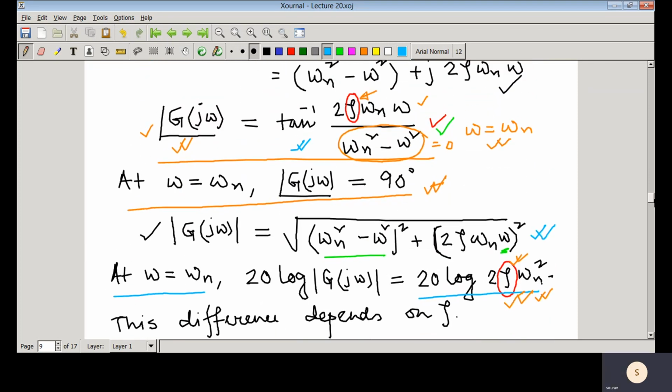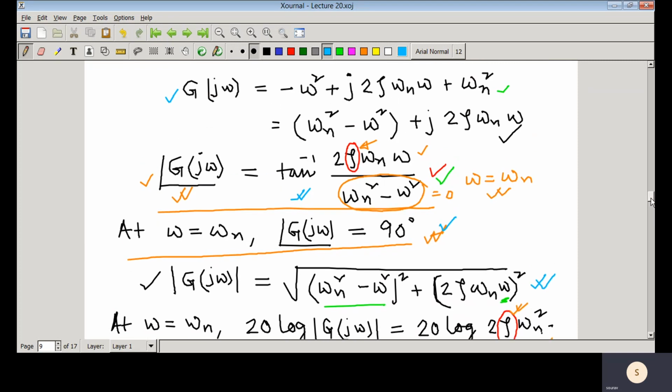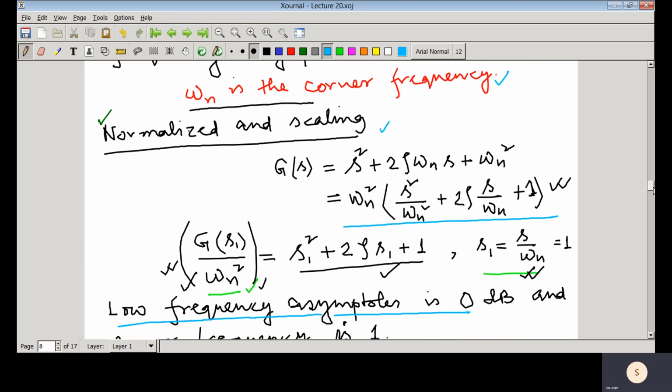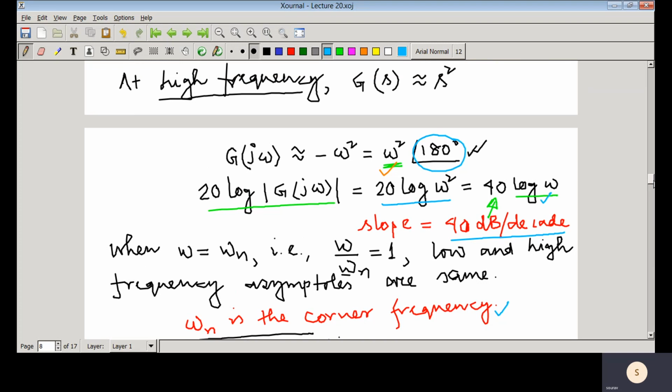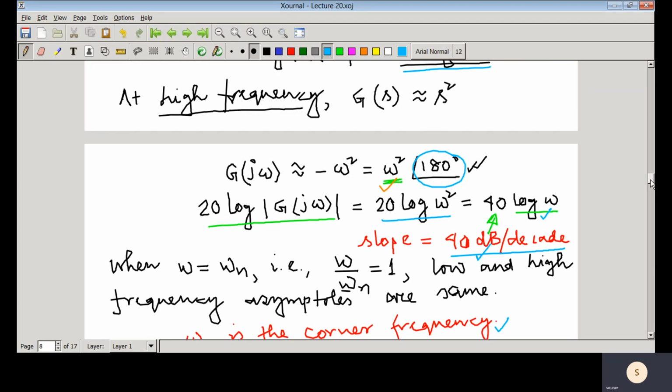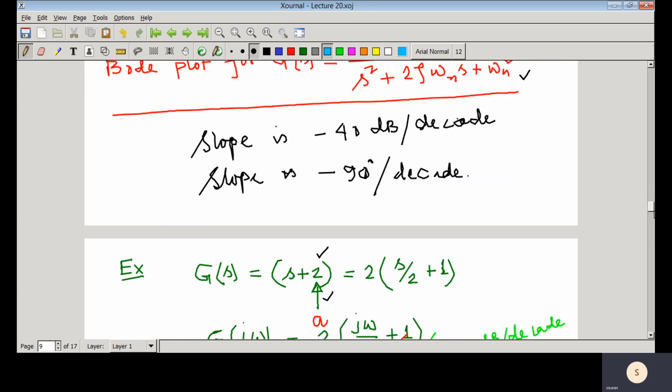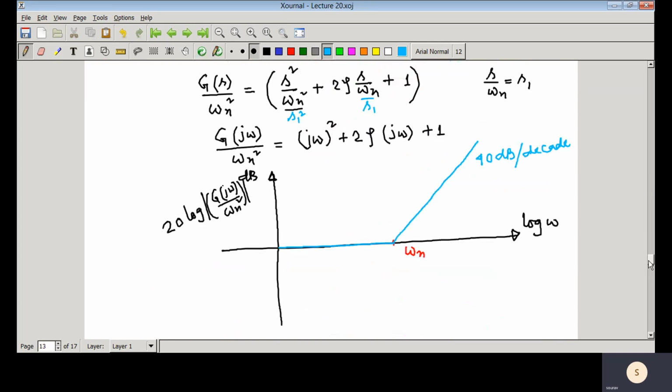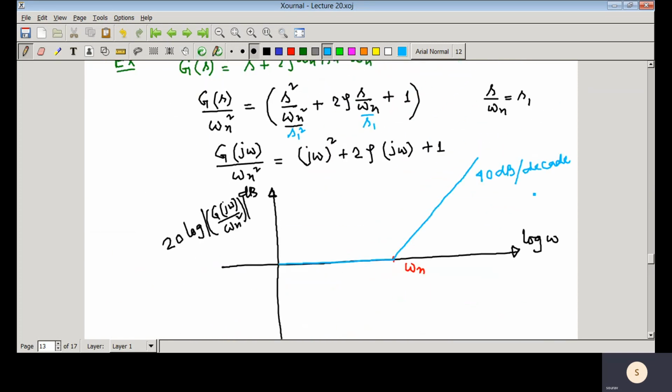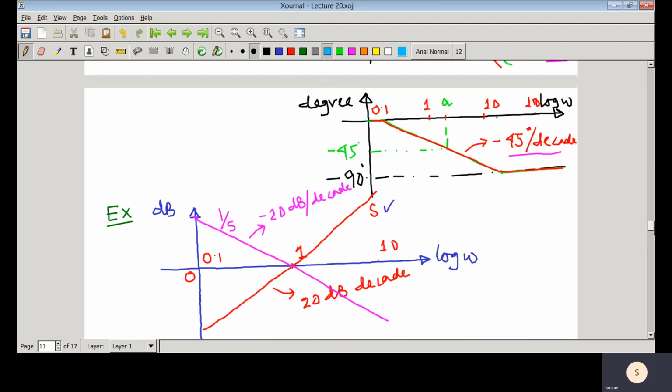At the natural frequency, at omega equal to omega n, the corner frequency, that angle would be 90 degrees. So we have seen that the slope is 40 dB per decade. So this is the asymptotic Bode plot.